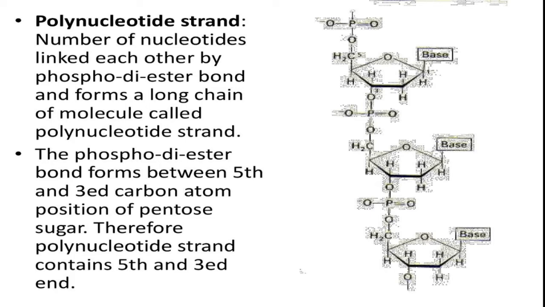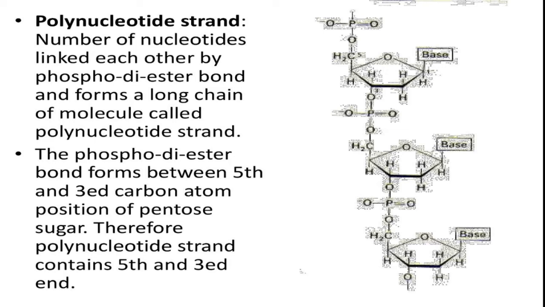A phosphate is linked to the 5' position of the sugar, and the base is present on the ribose sugar. So it starts from the 5' position, and at the 3' position, the next phosphate is bound to the first ribose sugar. That is why DNA runs from 5' to 3'.